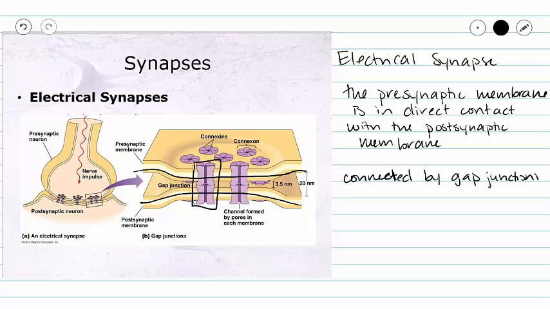This is going to allow our action potential to come down our presynaptic membrane and flow directly through our gap junction to continue the action potential in our postsynaptic membrane without any pause, halt, or need for the conversion of our electrical signal into a chemical signal and then back into an electrical signal.